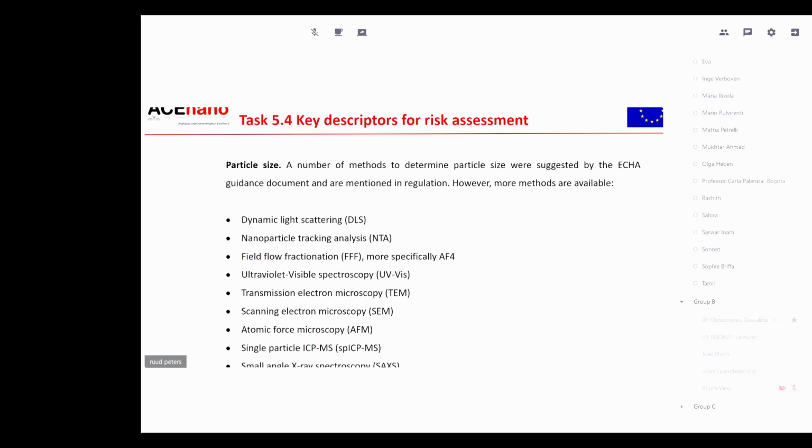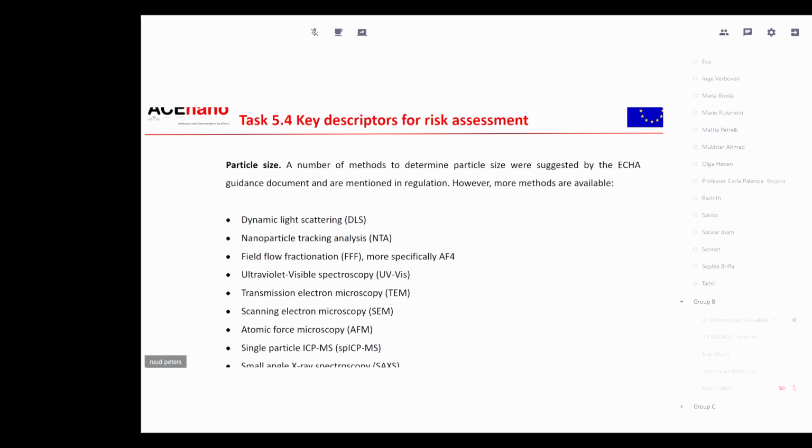Particle size then, that's a well-known one, and there are a lot of methods here which can be used. It's dynamic light scattering which can be used, nanoparticle tracking analysis, field flow fractionation, more specifically AF4, which is often being used, and you have to remember that AF4 is actually a size separation method.